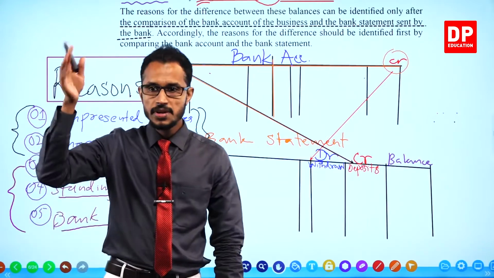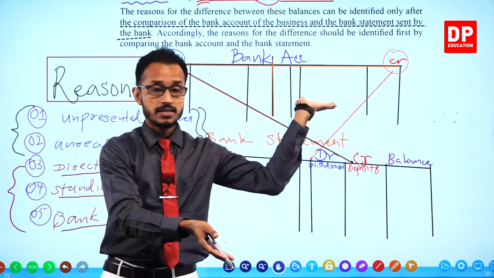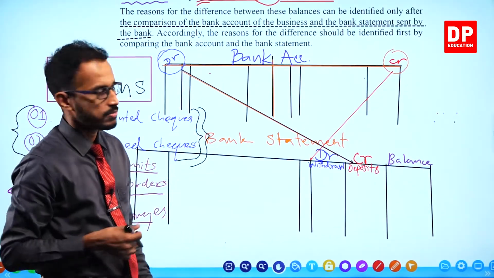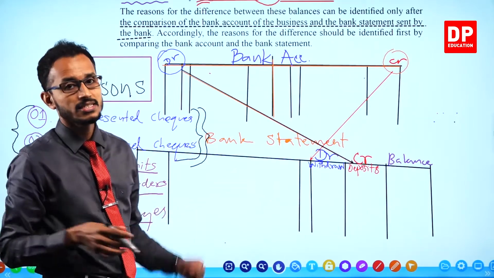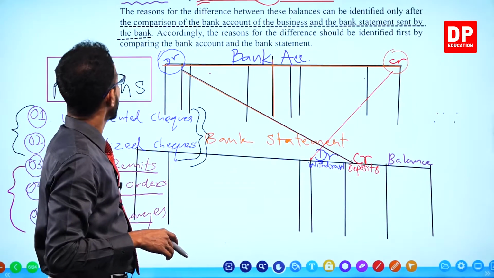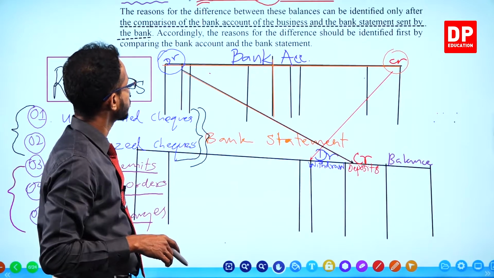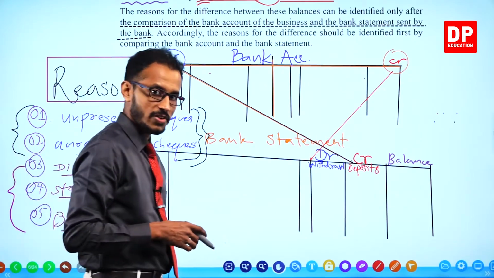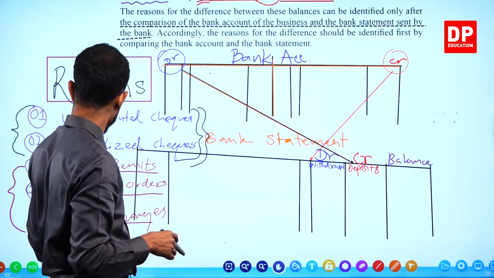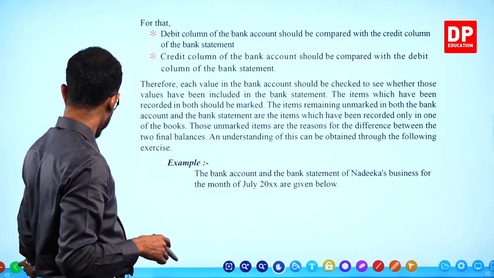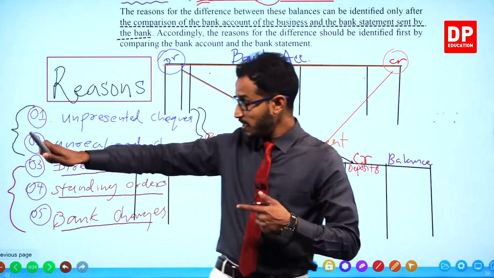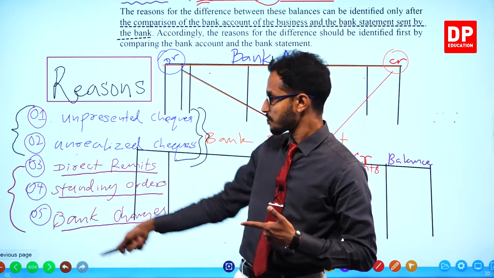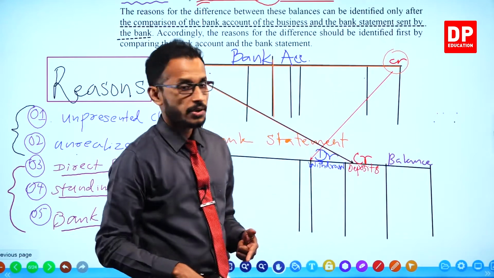Our debit with the credit, our credit with the debit. It's a cross-check, right? And you know the reason. Children, don't forget that we are doing this cross-checking to find these items. Okay.